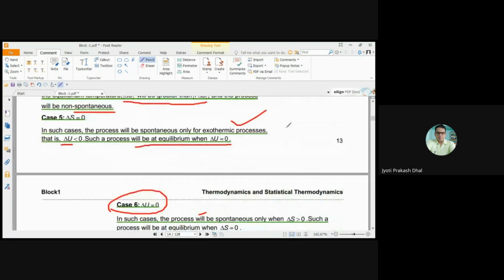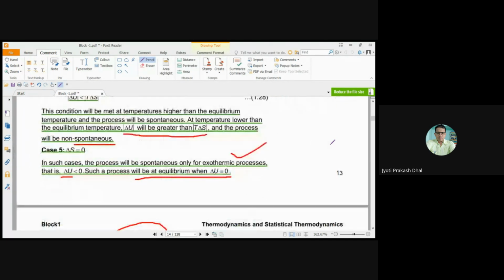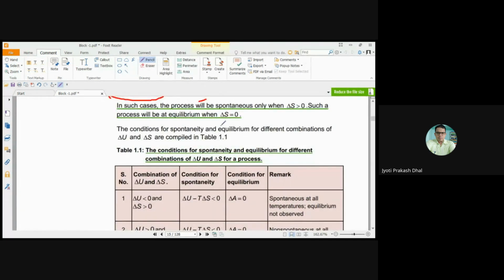If del S is positive, T del S will be positive and minus T del S will become negative, and the process will be spontaneous. And if del S is less than 0, that means the value of del S is negative, T del S will be negative, but minus T del S will be positive, then the process will be non-spontaneous. But if del S equals 0, the process will be at equilibrium.